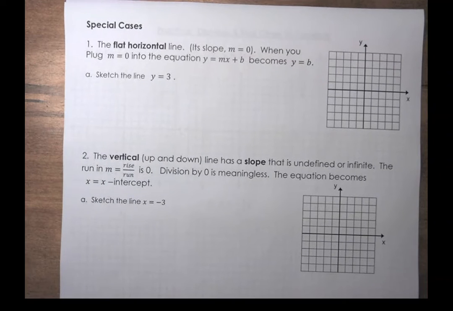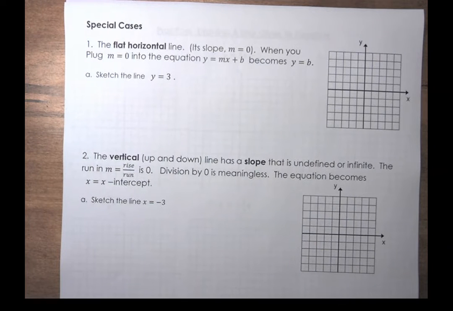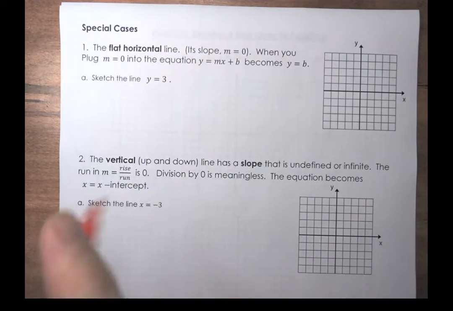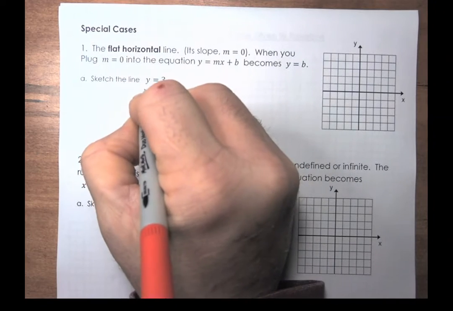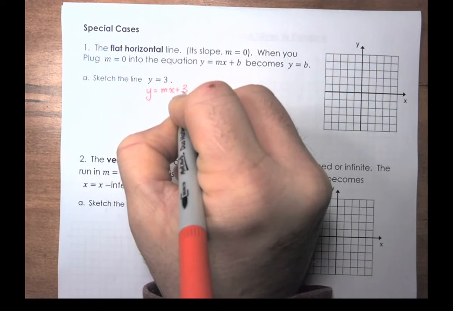All right. Now there's some special cases. And we all have special occasions where we have a flat line where the slope is 0. All right. So if I was looking at this equation y equals 3, that's kind of the same way of saying mx plus 3.